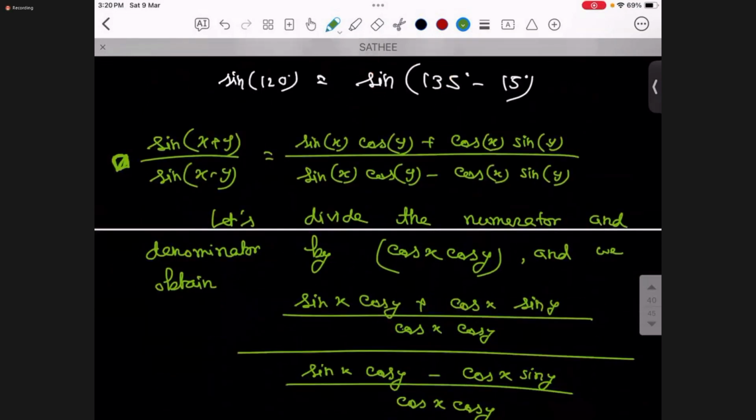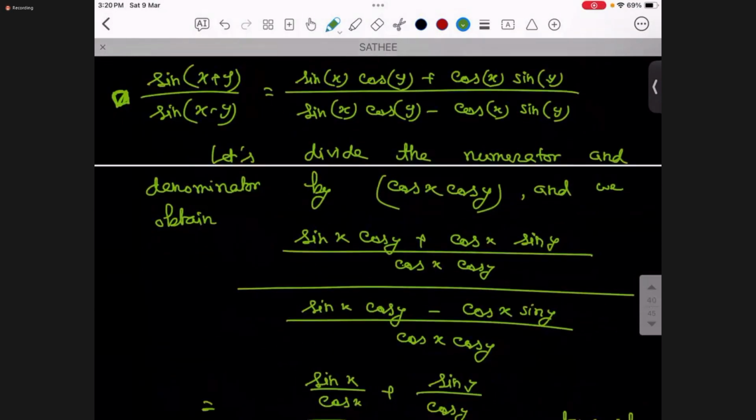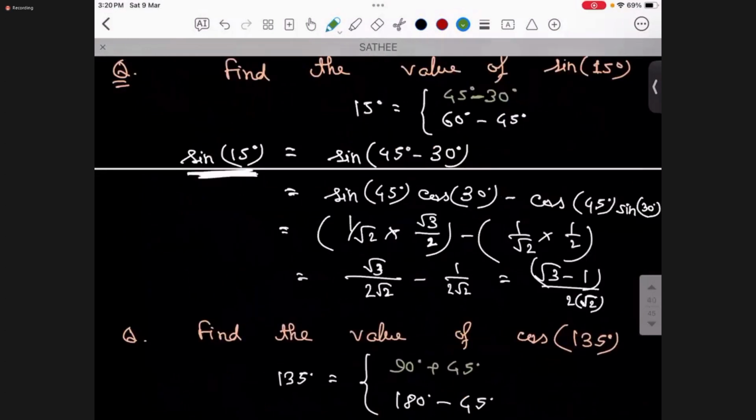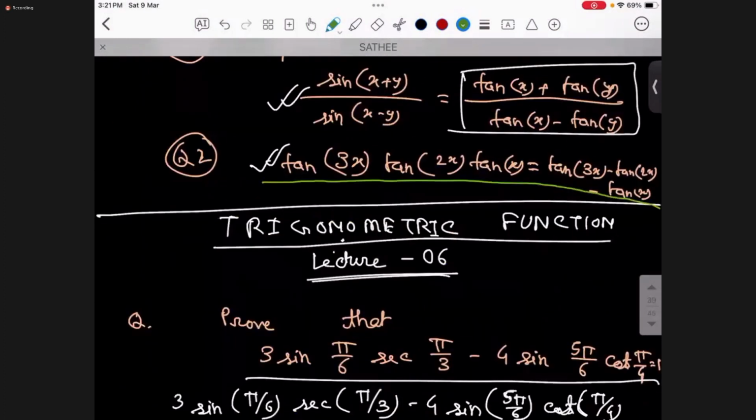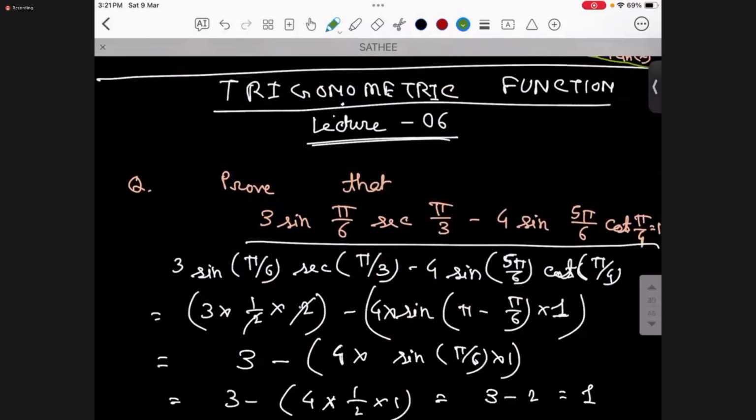Now, what about the next question? The next question was tan 3x tan 2x tan x equals tan 3x minus tan 2x minus tan x. So what we need to prove? Let's write once again.